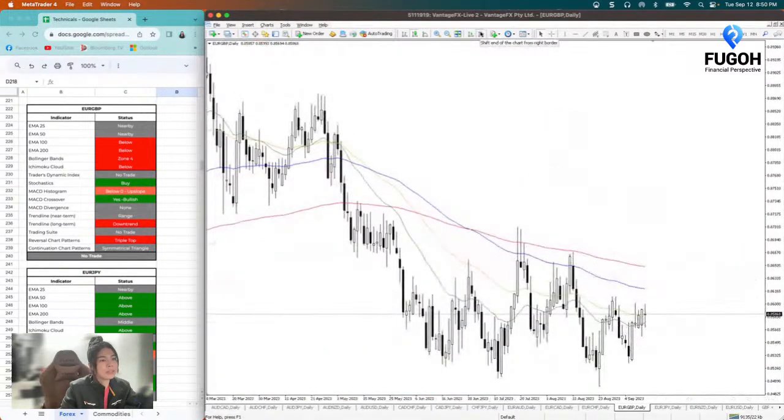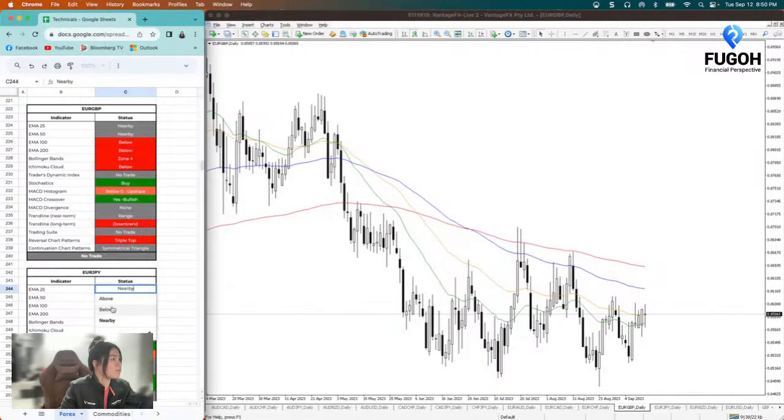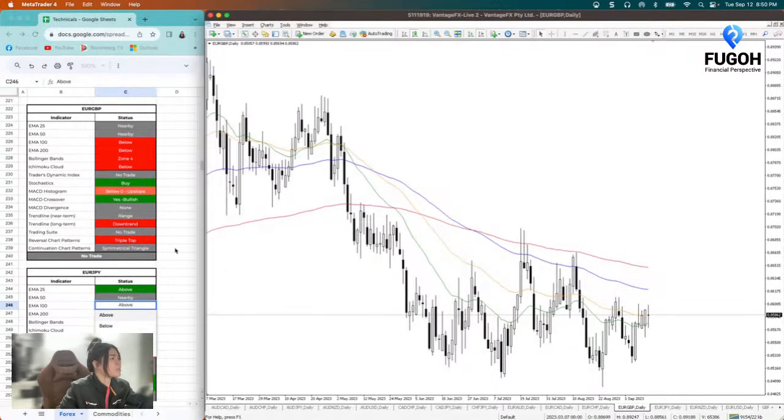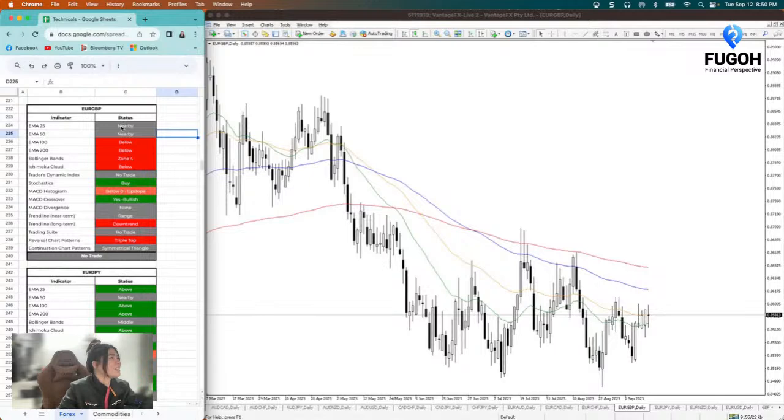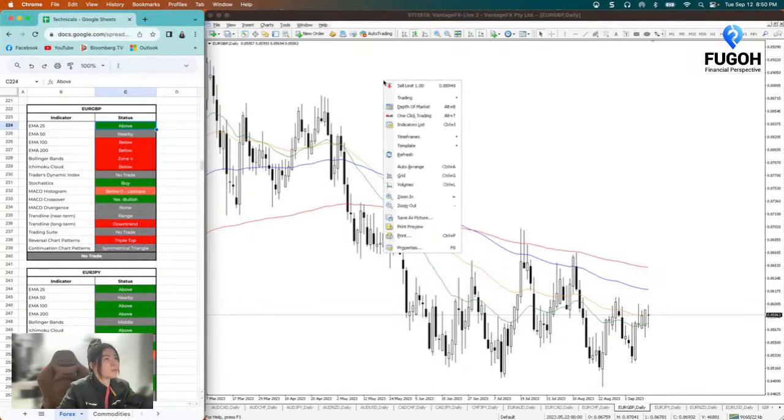For euro pound, the price is above EMA 25, nearby EMA 50, exactly in there, and then below EMA 100 and below.